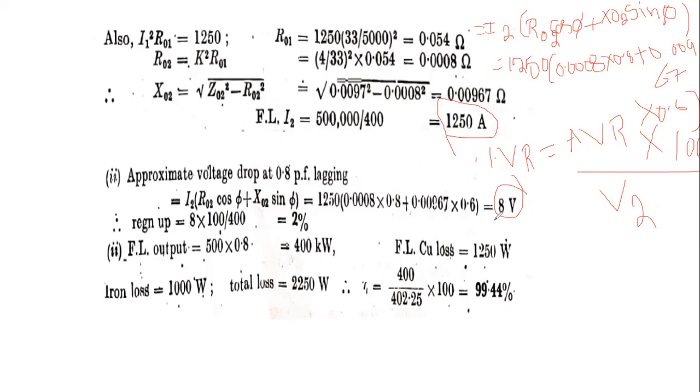What is the approximate voltage regulation? That is 8, 8 into 100 by V2. What is the V2? That is 400 volts. Therefore, the voltage regulation is 2%.